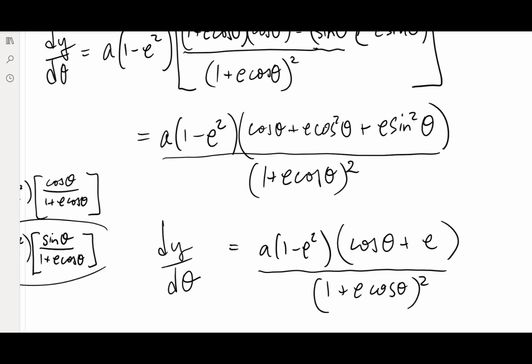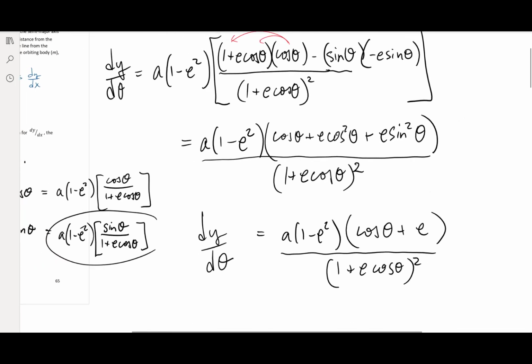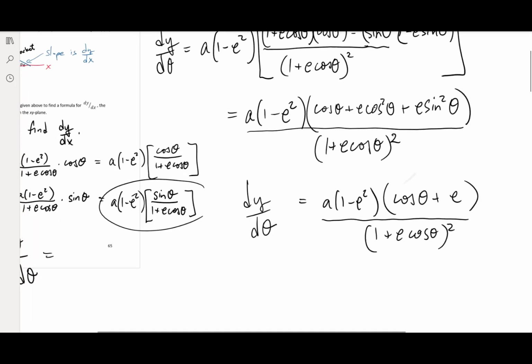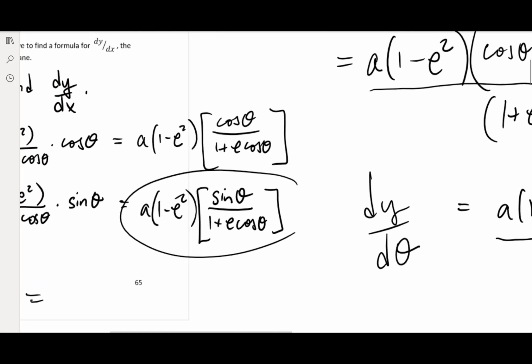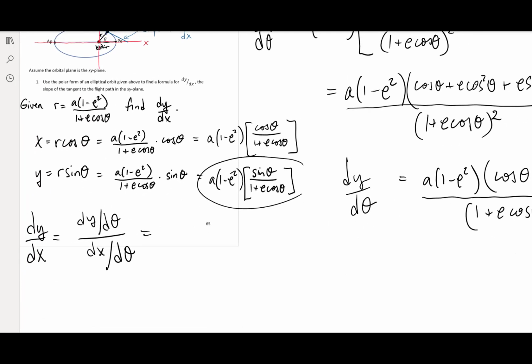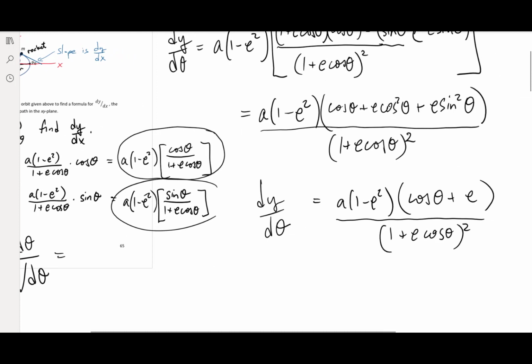Let's do dx d theta the same way, but I think what I'll do here is speed up. So if you're a student in Calc 2, this would be a good thing now to try. See if you can get the same thing. We're going to do dx d theta. We're going to use this expression here for x, and we'll take a derivative with respect to theta, and then see if you get the same thing.